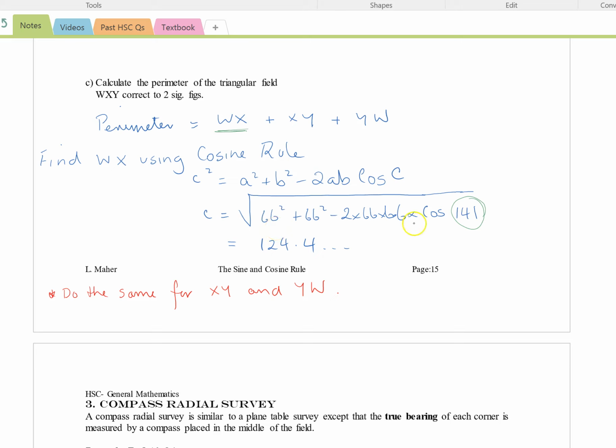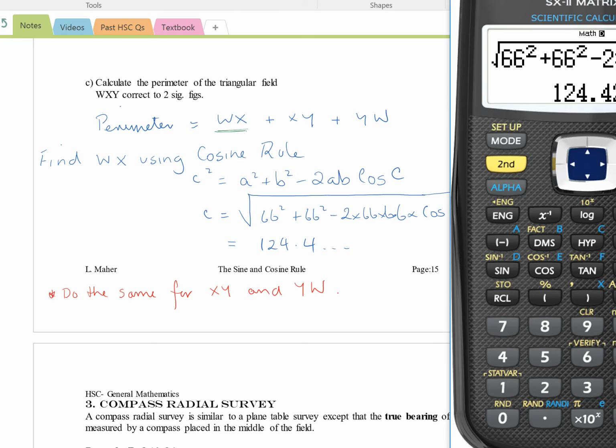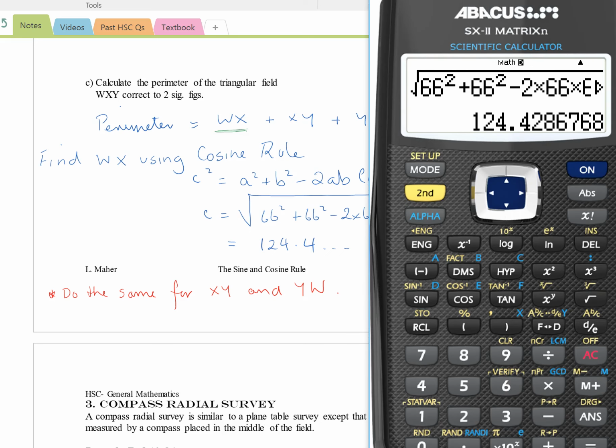And we do that calculation and you get 124.4, and if I just pull that across a bit, you can see it goes on for 286768.